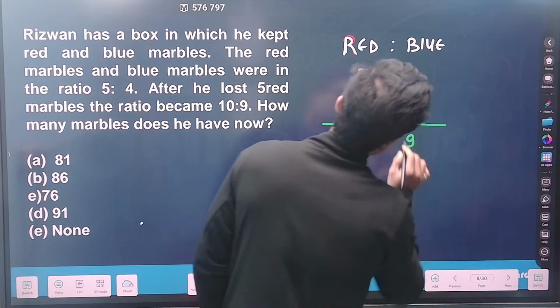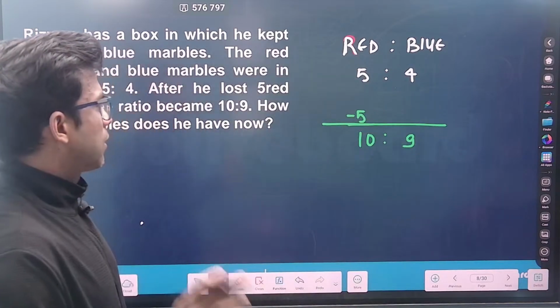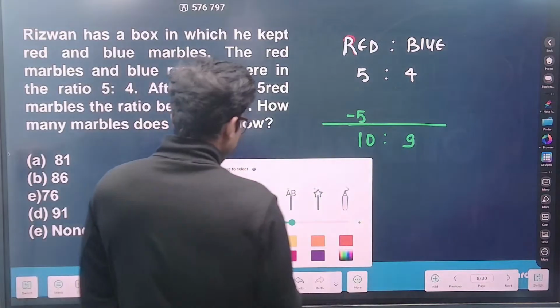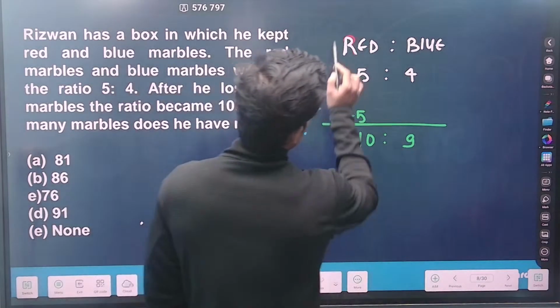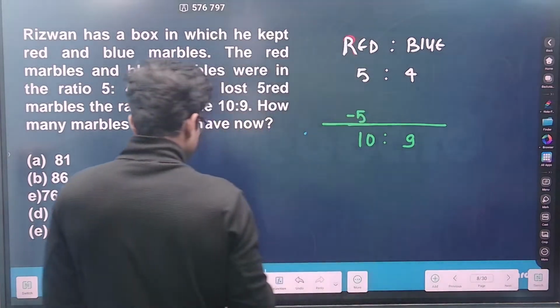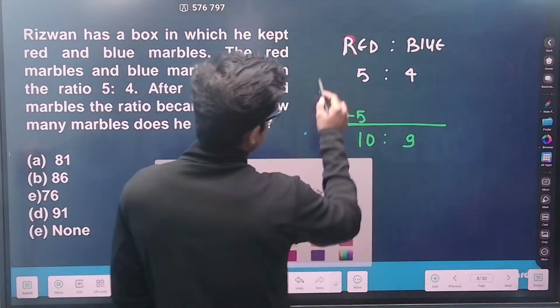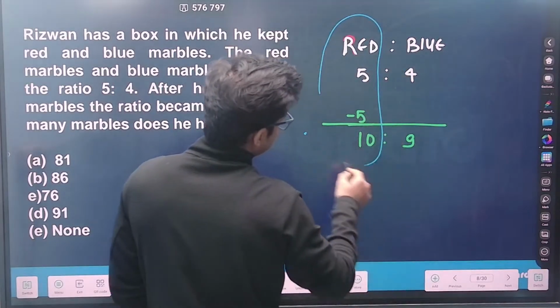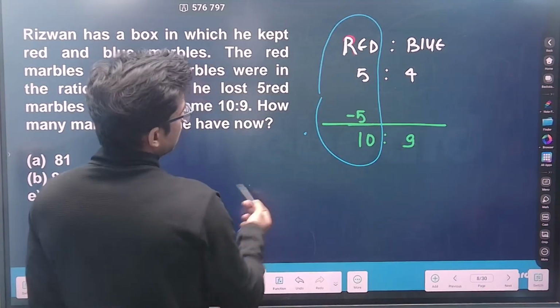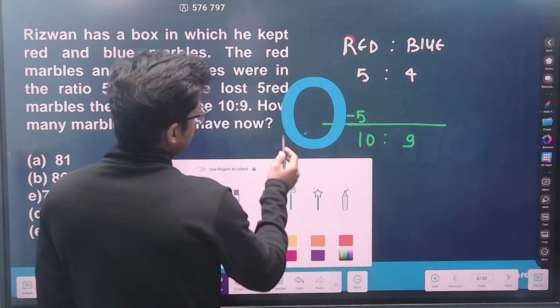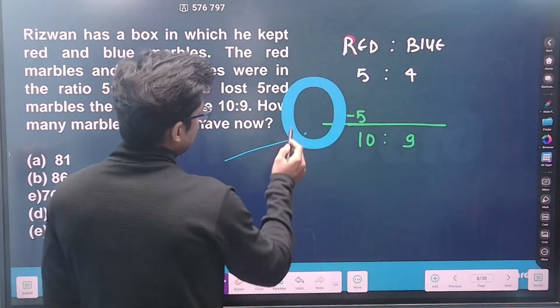So this is the question basically. But say guys, the marble which is getting lost will be affected, na? So I can say from here that only this part would get affected, na everybody?